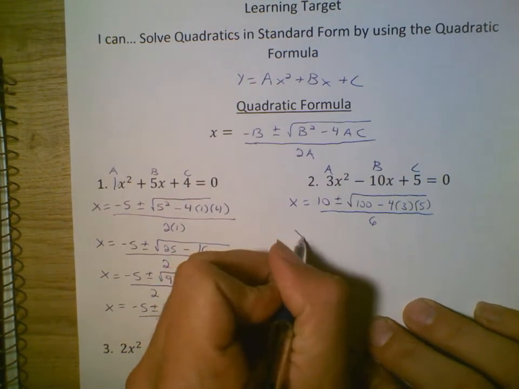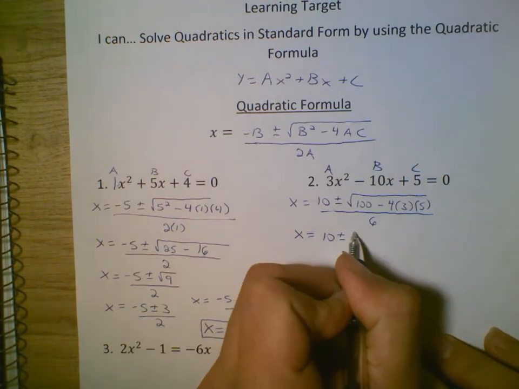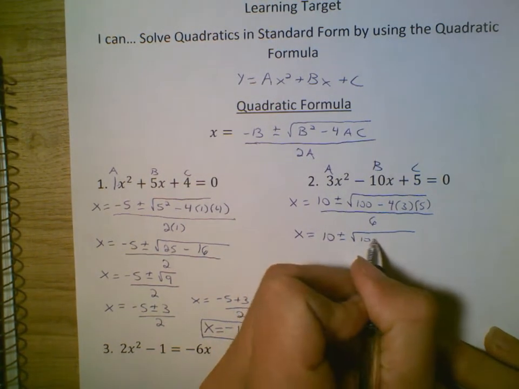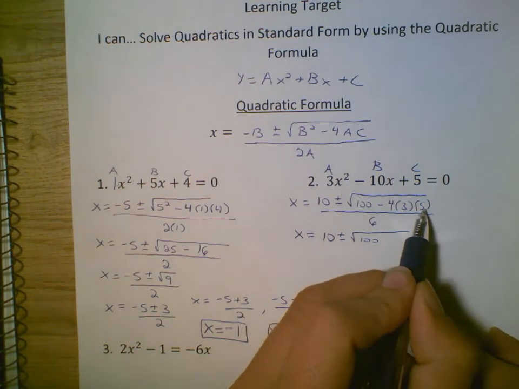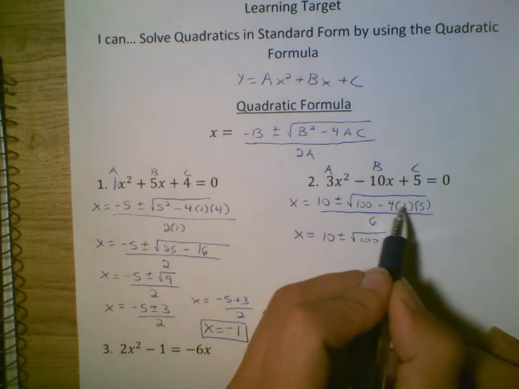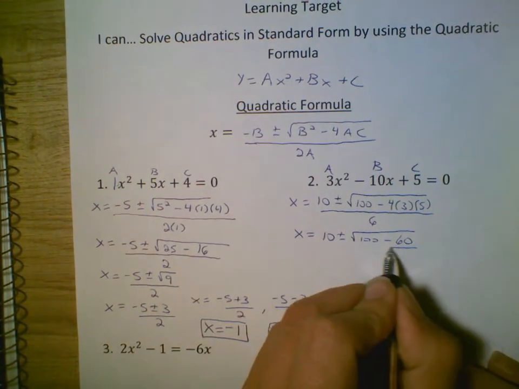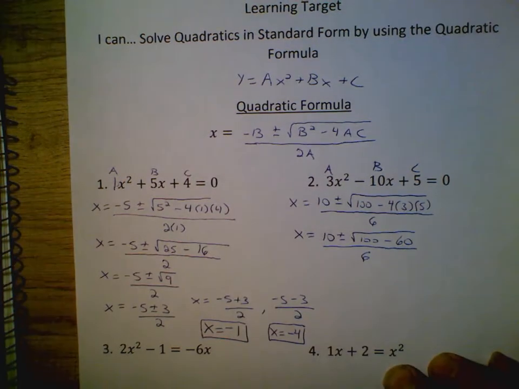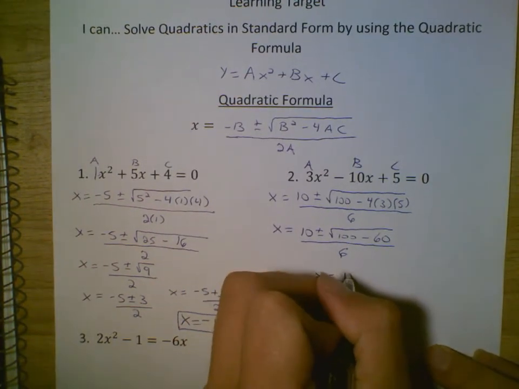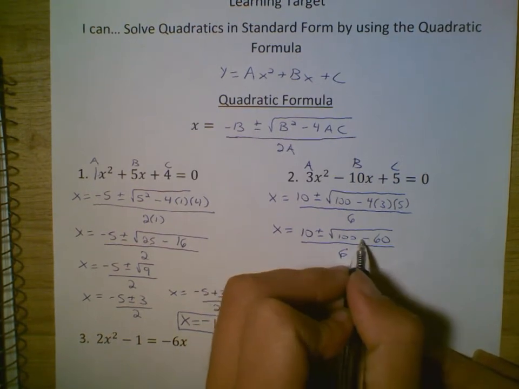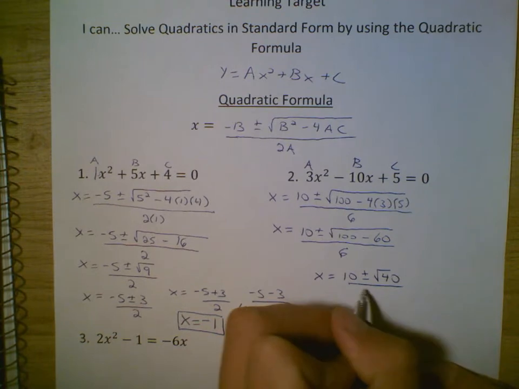And then I get x equals 10 plus or minus the square root of 100. And I need to simplify these three guys. If I take 3 times 5, that's 15, and 15 times 4 is 60. And then I'm still dividing by 6 on the bottom. If I simplify that, I get x equals 10 plus or minus the square root of 100 minus 60, which is 40, with 6 on the bottom.